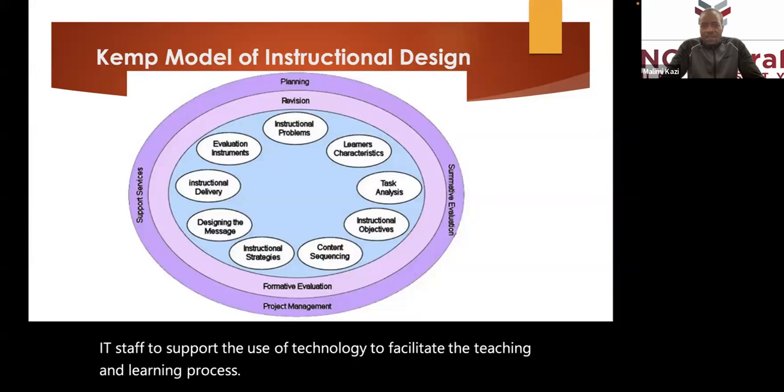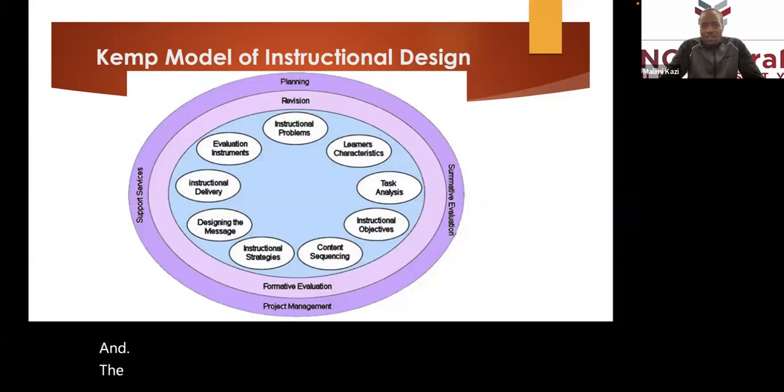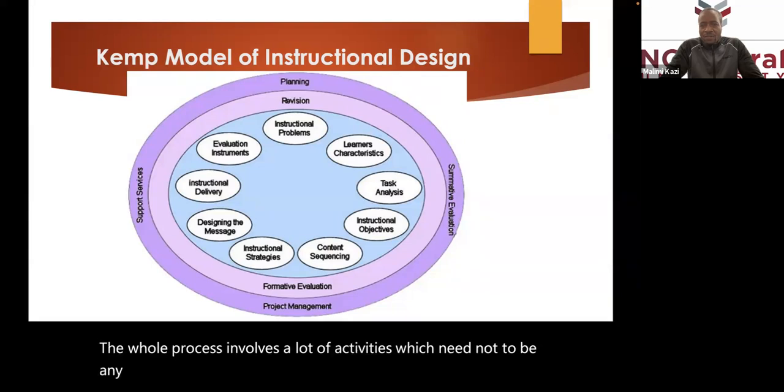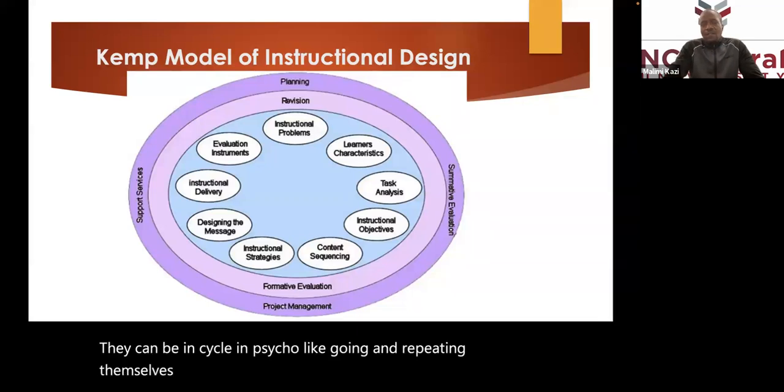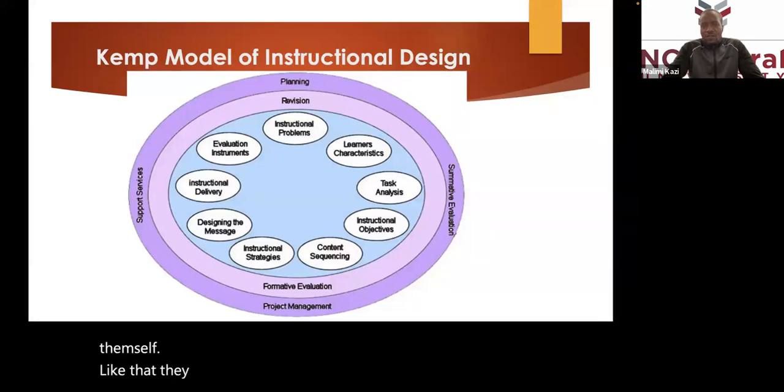And the whole process involves a lot of activities which need not be linear. They can be in a cycle, going and repeating themselves like that. They don't need to be in a linear order.